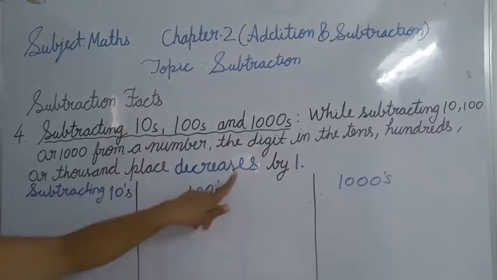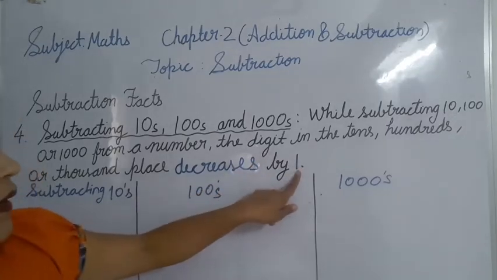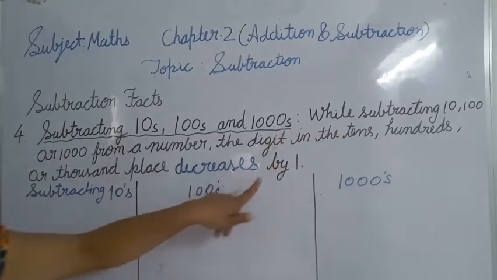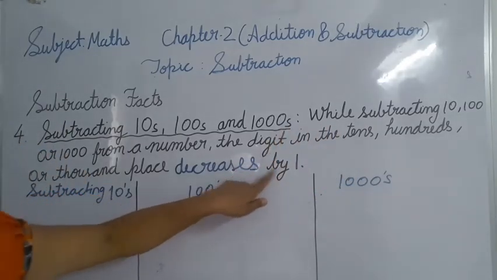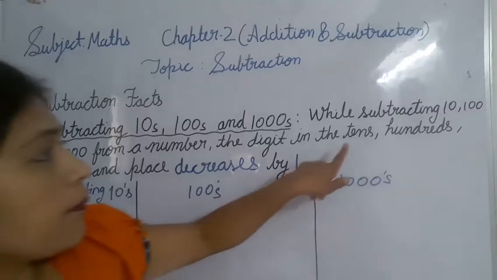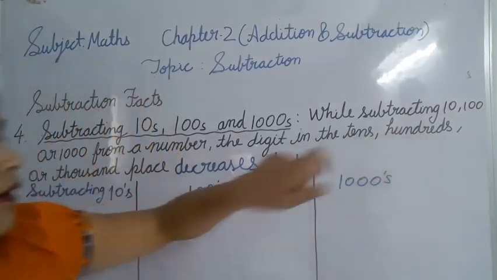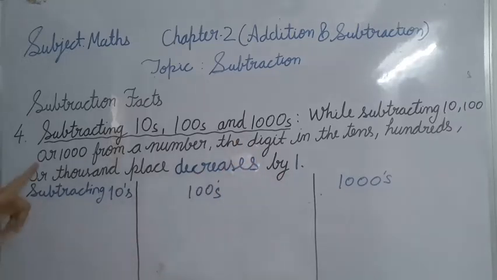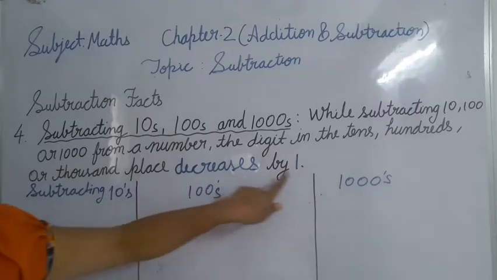Decrease means we have to subtract 1. If we are subtracting tens, we decrease the digit on the tens place by 1. If we are subtracting 100, on the hundreds place we decrease the number by 1. If we are subtracting 1000, on the thousands place we decrease the number by 1.